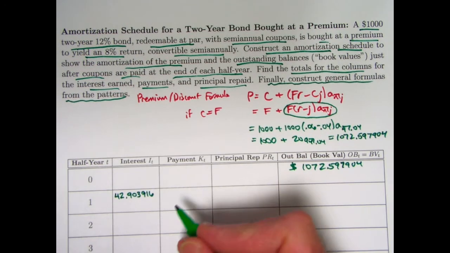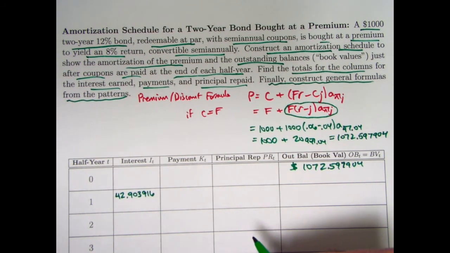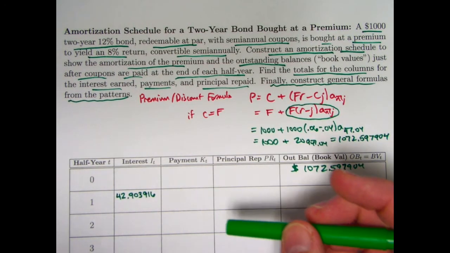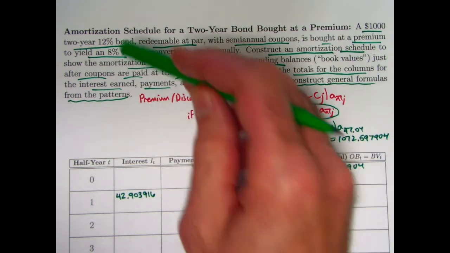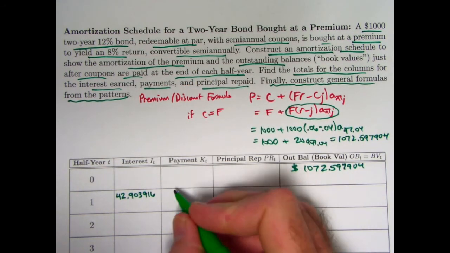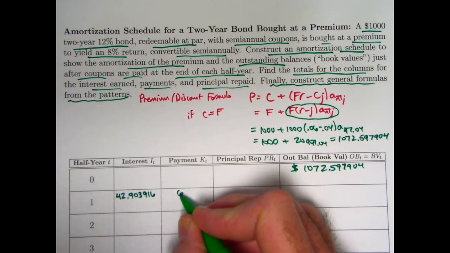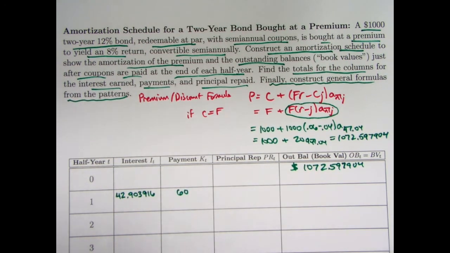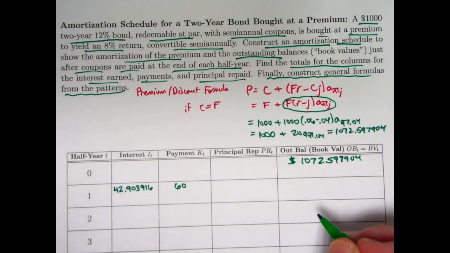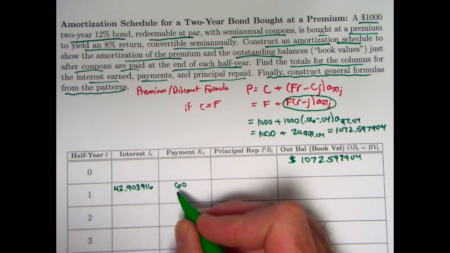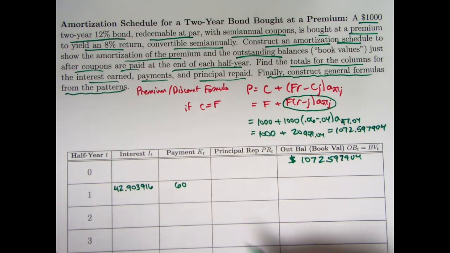Okay, that's the interest that they owe. How much did they pay you at that time? They pay you more than that. They pay you based on the coupon rate of 6%. They pay 1,000 times 6% per half year. They pay you 60 at time 1. Okay, so the balance goes down. By how much? Take 60 minus the interest that they owe.